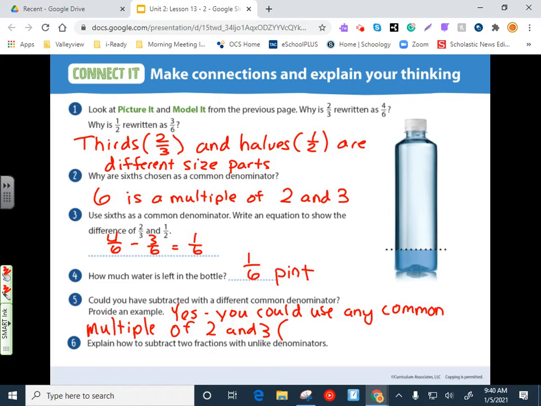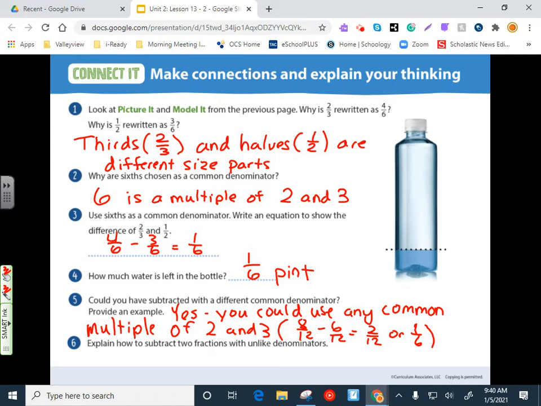And in parentheses, I'll just put a quick example. Like 4/6 could have been 8/12, and that means 3/6 could have been 6/12. So 12 is a common multiple of 2 and 3. And that would have given us an answer of 2/12, which you might already know you can reduce to 1/6. So you get the same answer.